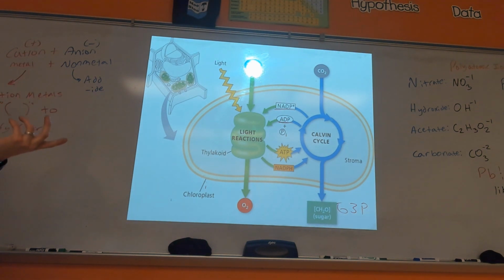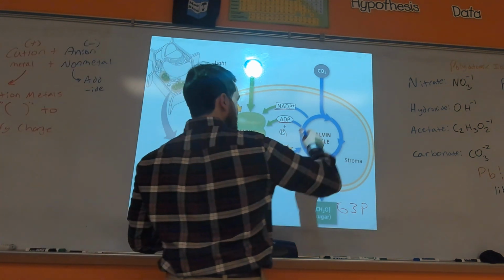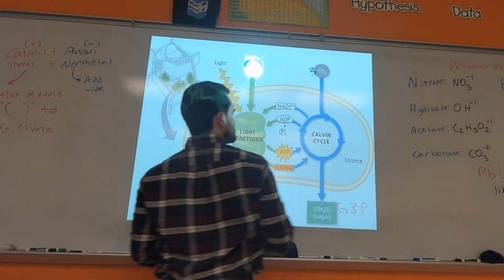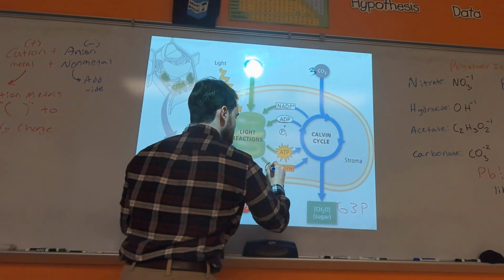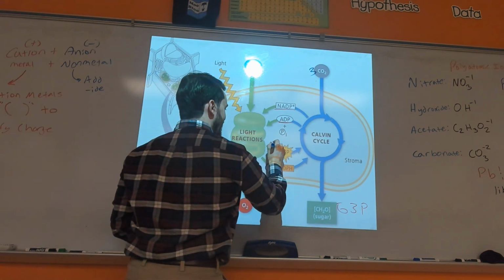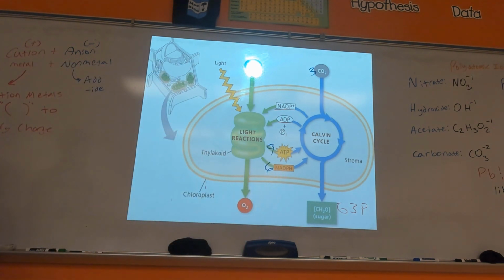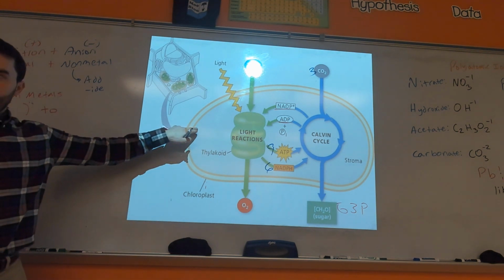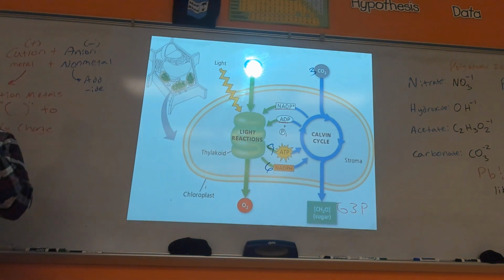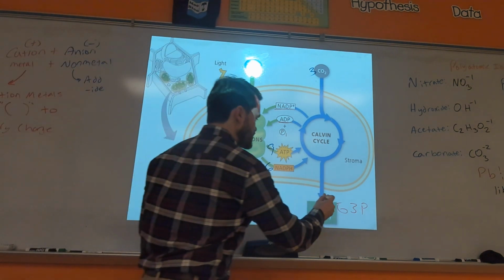You could view that as an output. And then the inputs, as I said, are 3 CO2s, 6 NADPHs, and 9 ATP. Where the ATP and NADPH came from was the light reactions. The CO2 comes from the atmosphere, and then you're just making 1 G3P.